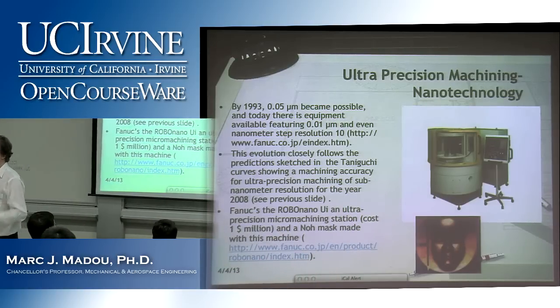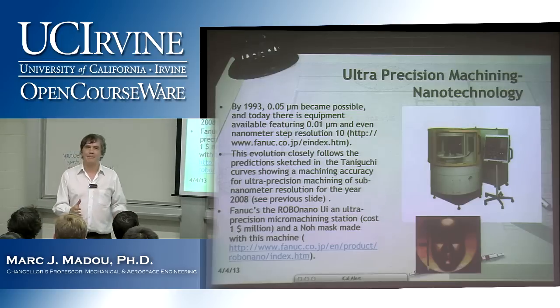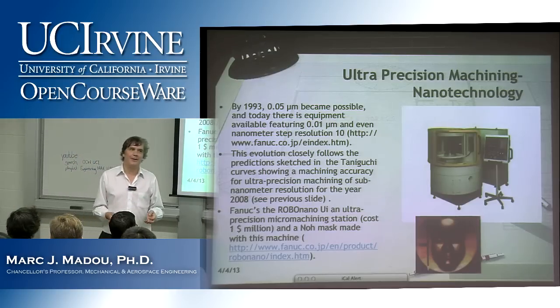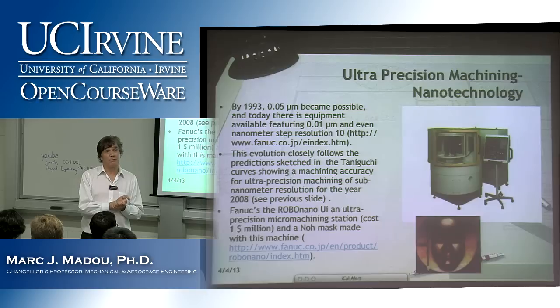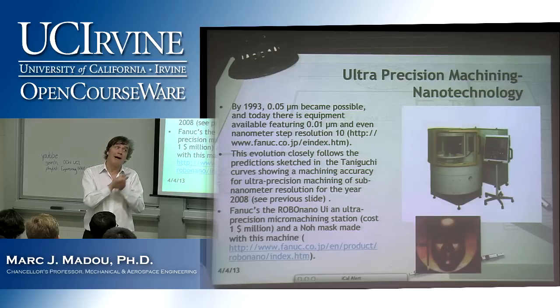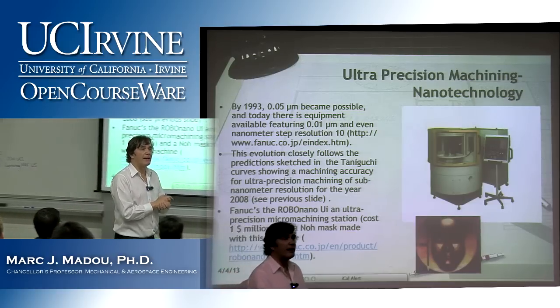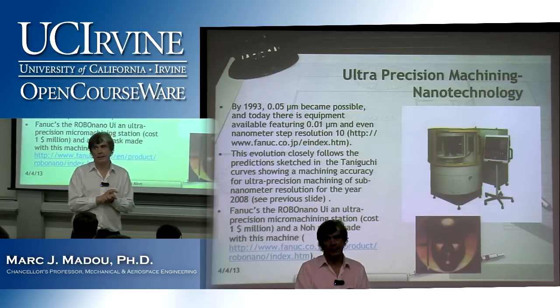Well, if you have a better machine that can make things that no one else can make, you better keep it for a while, right? Because you have a commercial advantage. And so this is kind of a reason why we have this class. We have to start thinking again about how we make better tools to manufacture better, because that is kind of what gives you the advantage economically as a nation.